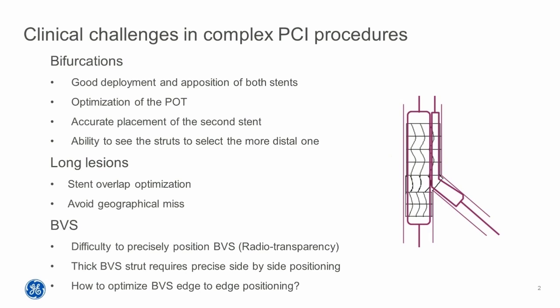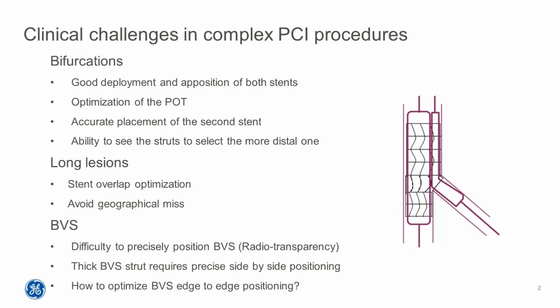The second kind of complex lesions are long lesions with the use of more than one DES, to optimize the overlap of the stents and to be sure that we are not making a geographical miss between both stents.